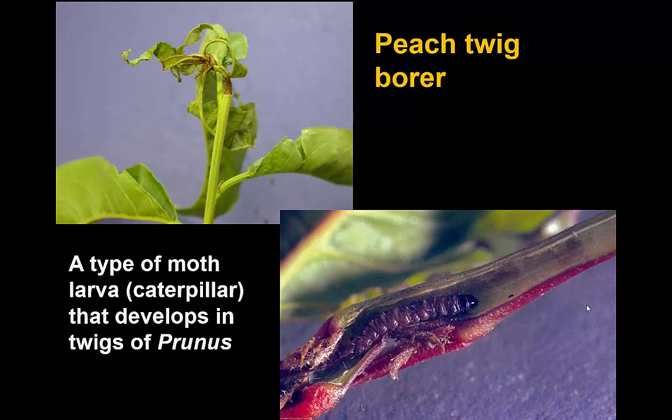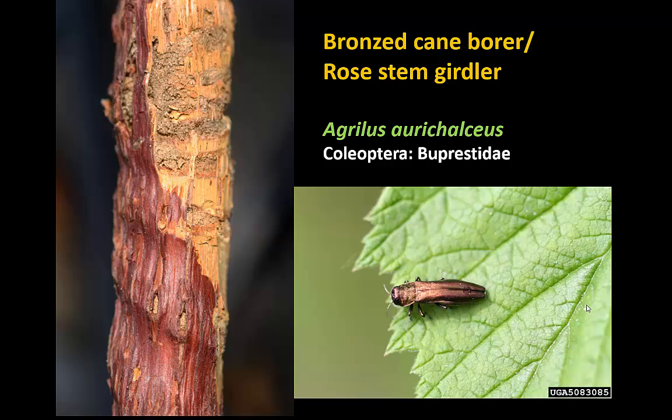Another one on prunus is peach twig borer, a little tiny moth that might cause the tip growth of various kinds of prunus, including peaches, to die back. And again, if you look at the base of where the injury is showing, you'll see that it has been excavated out, and perhaps you'll find the insect itself that caused it.